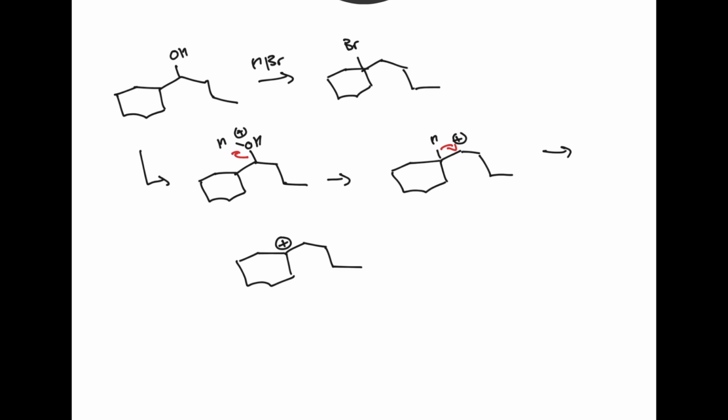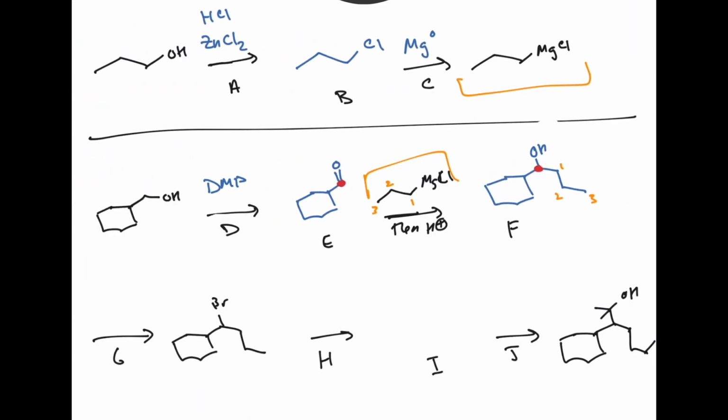So in simple cases where you don't have to worry about rearrangement, HBr is 100% great. But because there's a possibility of rearrangement, there's another reagent we can use. What's that reagent? Yep. And pyridine, yep.